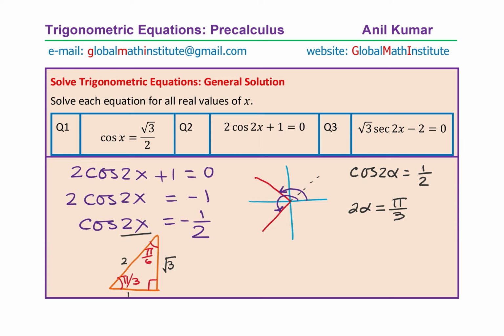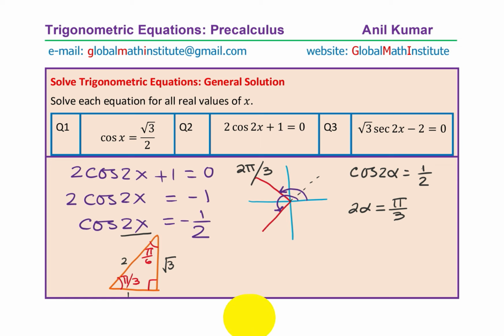Since it is negative, we know the solution will be what? Well, it is going to be 2 pi by 3, correct? For negative, right?